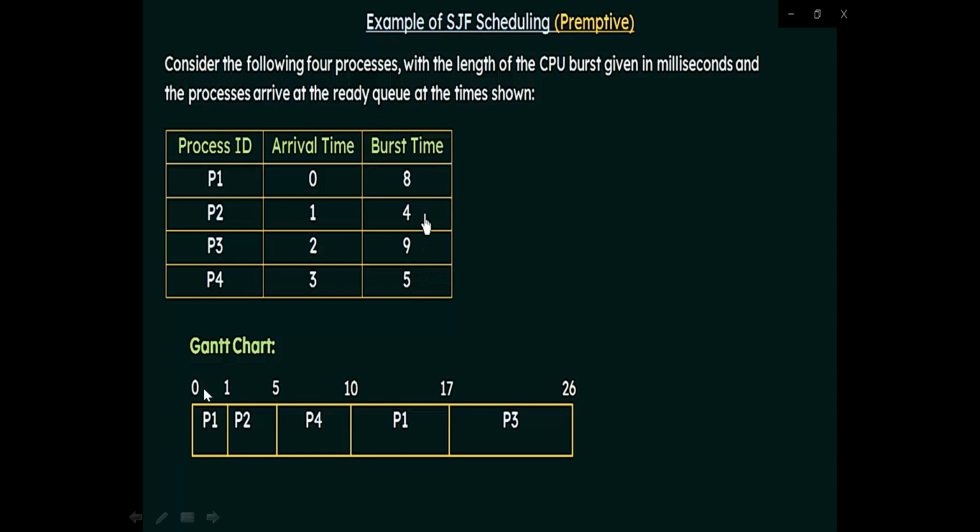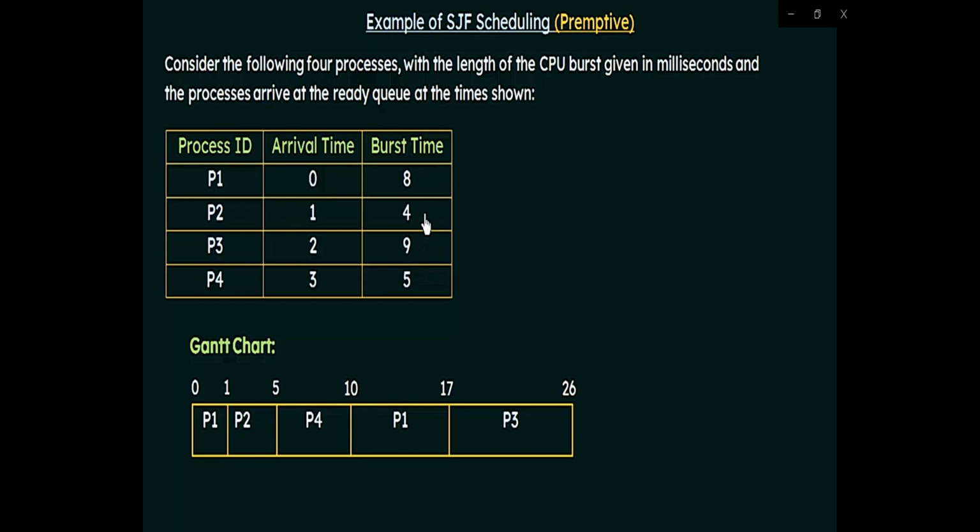Now have a closer look at this. First of all, at the 0th unit of time, process P1 arrives and its burst time is 8 units. So the CPU is allotted to process P1.